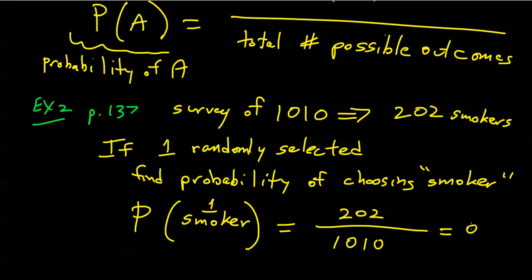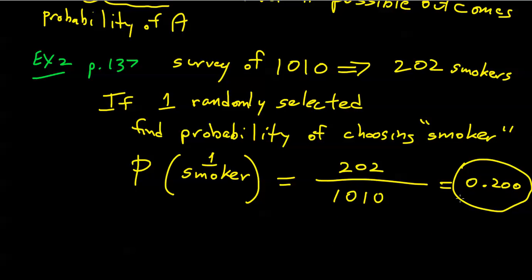And if I grind this out, I get 0.200, the textbook states, as a probability. Another very simple example of measuring likelihood or chance in a probability experiment.